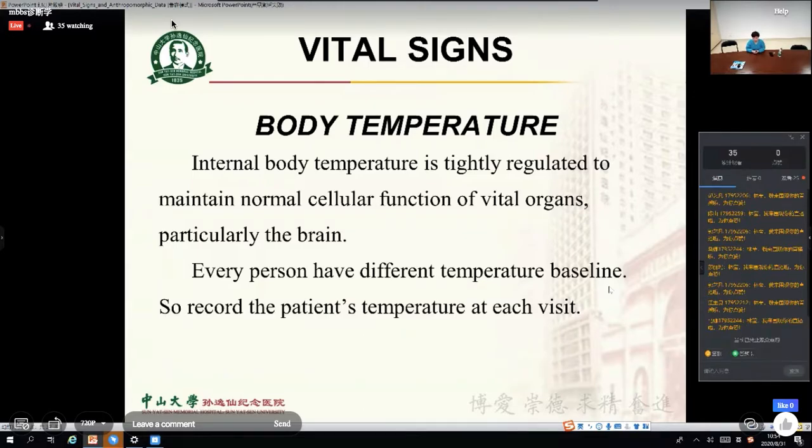Body temperature varies from time to time, especially during the COVID-19 pandemic period. We need to measure the body temperature again and again every day.